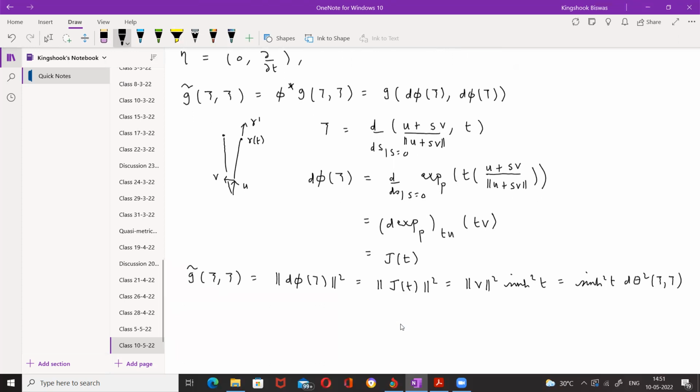Now, what is g tilde of eta, eta? So eta was 0 comma del del t.